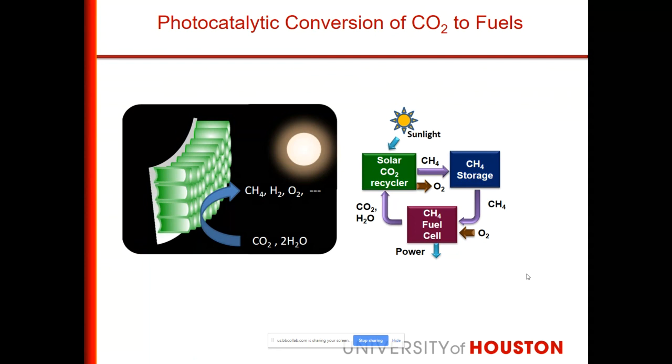But the byproducts are again carbon dioxide and water vapor, which can be sent back to the recycler to convert back to methane. So it's a carbon dioxide recycling process. Environmental damage can be reduced by using such processes, because we are not releasing carbon dioxide as free gas into the atmosphere.